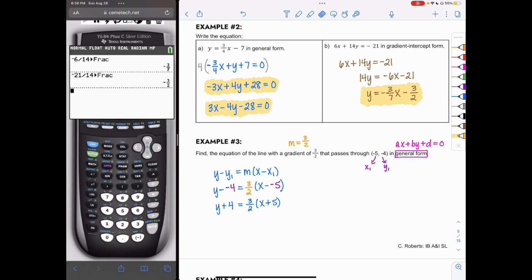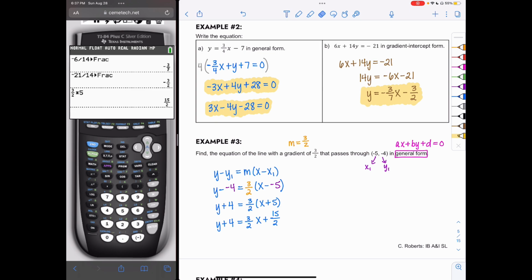All right. So now that I'm here, all I have to do is distribute. So now I'm going to have y plus 4 is equal to 3/2 x, and then I have, to put it in fraction form, 3 over 2 times 5 is 15 over 2. So I have plus 15 over 2 there. So that is my next step.